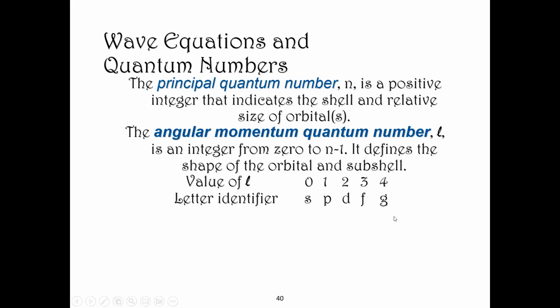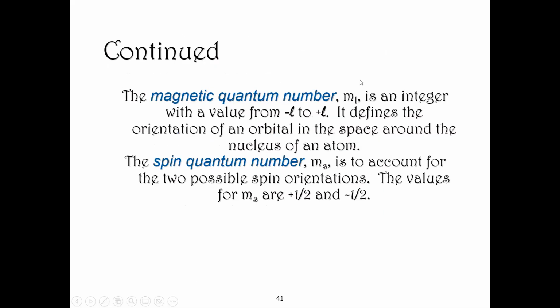So we're going to see with p and d orbitals, they're going to be a certain shape, and the magnetic quantum number here is going to tell us exactly how that's oriented in space. So sort of what direction it's pointed, almost. But with it, these are going to be from negative l to positive l.